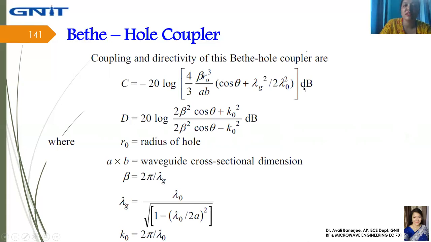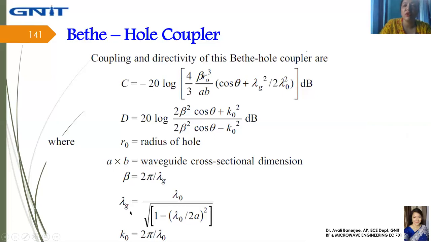So the formula is given here. This is for the coupling of the Bethe hole coupler, and this is the directivity for the Bethe hole coupler. Here R0 is the radius of the hole, and A cross B is the waveguide cross-sectional dimension. Beta is equal to 2 pi by lambda g, where lambda g is equal to lambda 0.